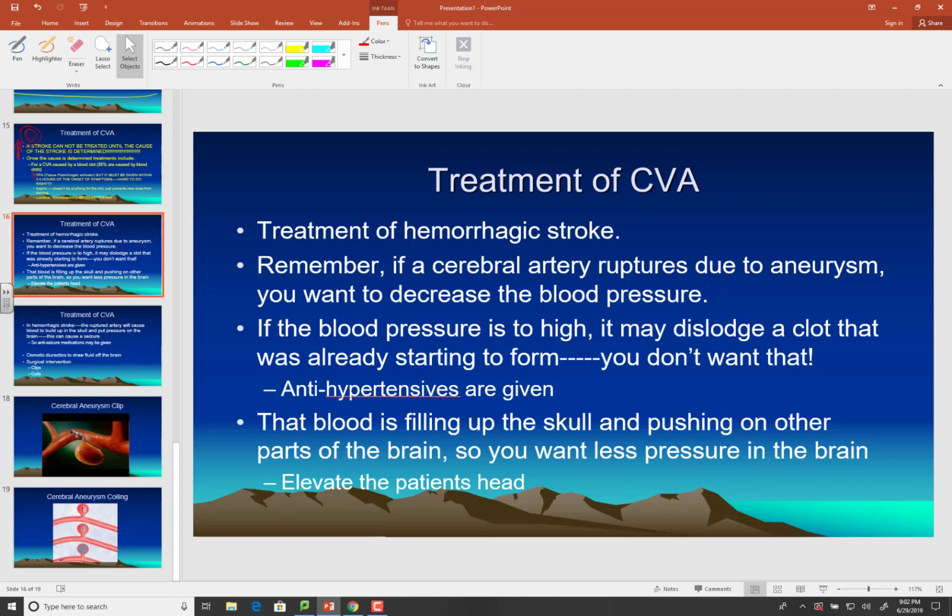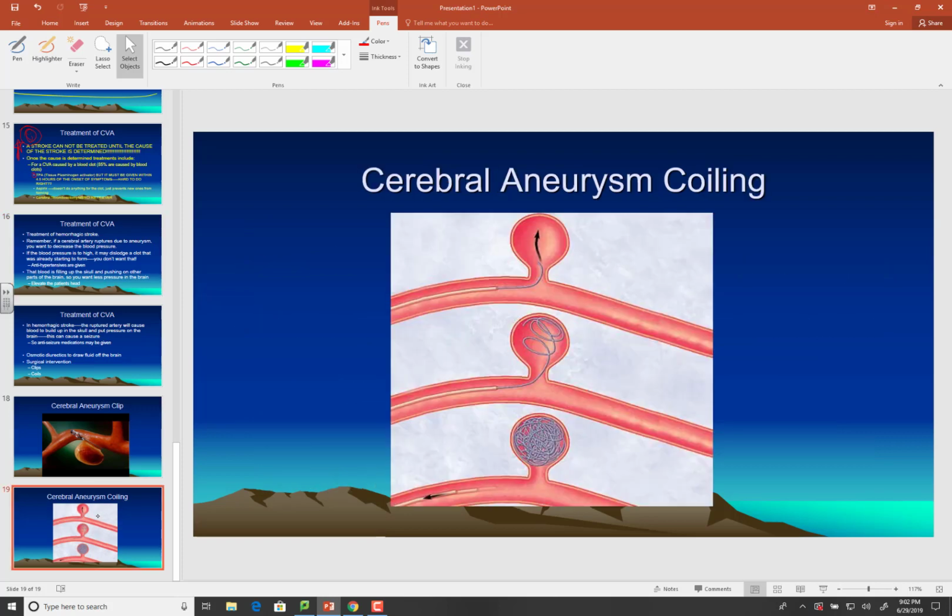Now look, just like any blood vessel, if the aneurysm ruptures, so let's say this aneurysm ruptured, the natural tendency of the body is to try to form a clot to stop that bleeding.